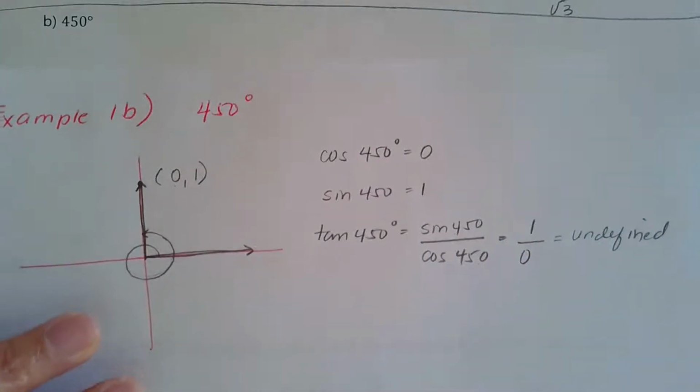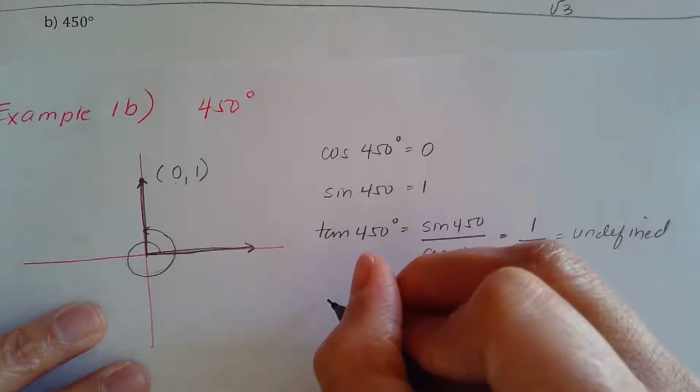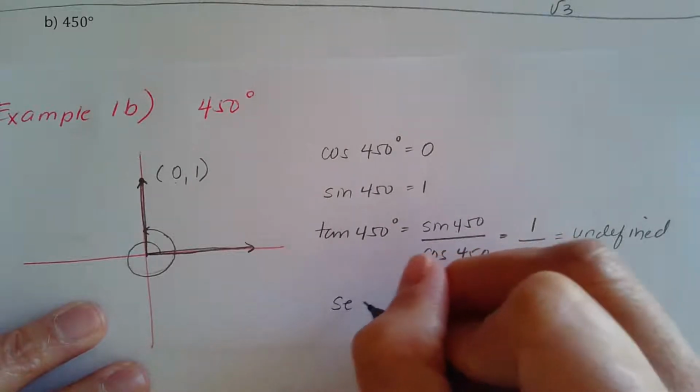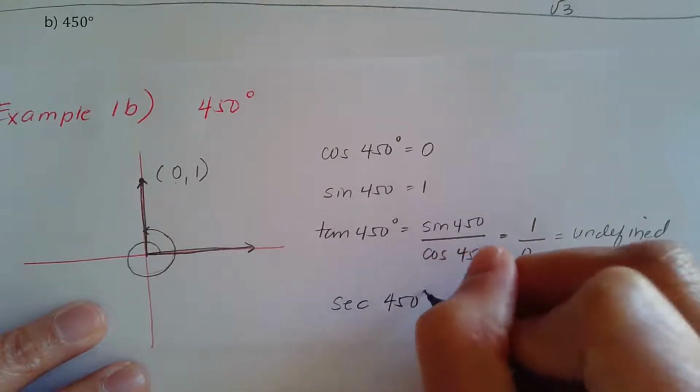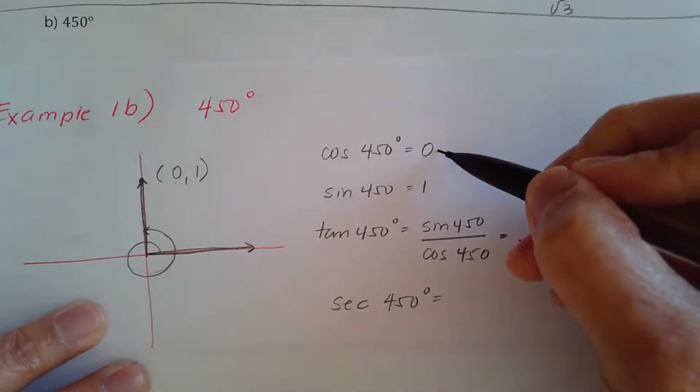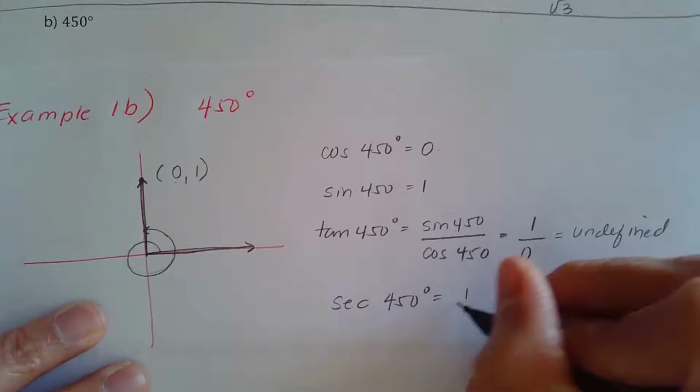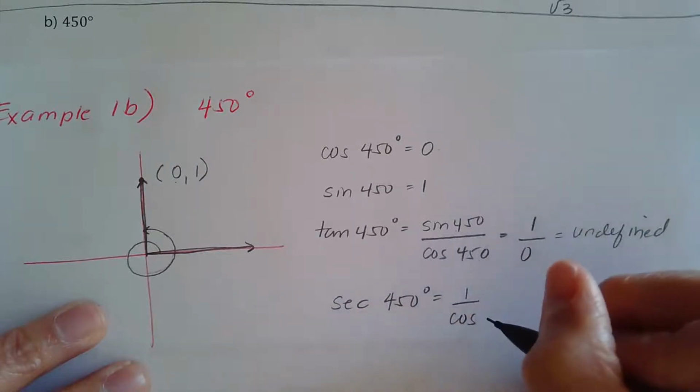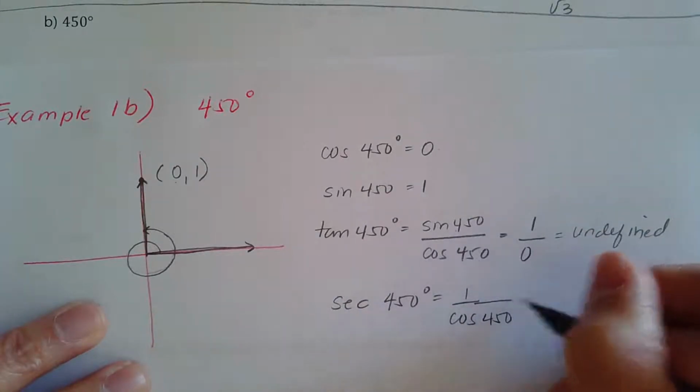Undefined. Now let's go to secant of 450. Secant of 450 is the reciprocal of cosine, so it's going to be 1 over cos of 450.